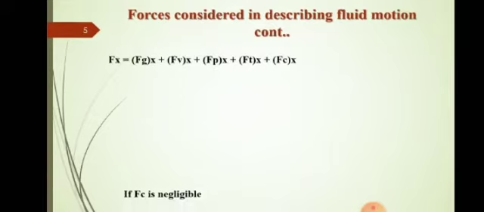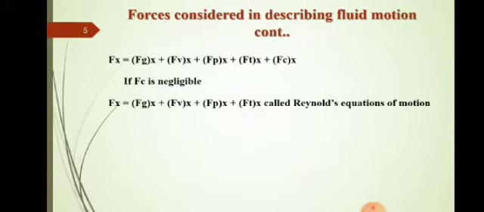Or in equation form, we can write it like this: Fx is equal to Fgx plus Fvx plus Fpx plus Ftx plus Fcx. So in this equation, x denotes the x direction. Fg is the gravitational force, Fv is the viscous force, Fp is the pressure force, Ft is the force due to turbulence, and Fc is the force due to compressibility. So these are the forces that are acting in a fluid element.